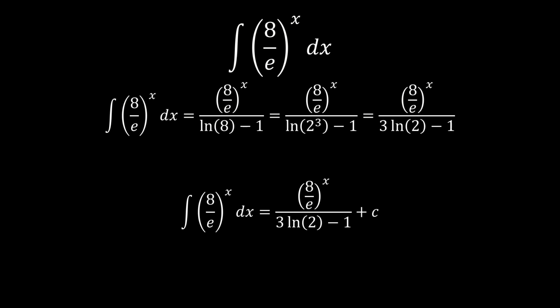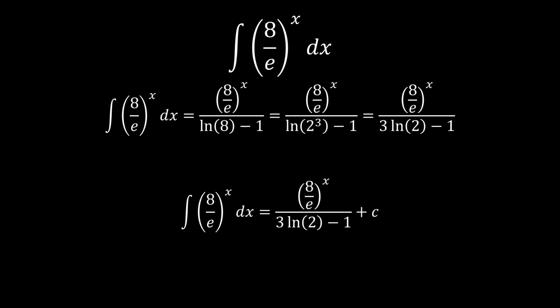If we wanted to, we can go further using the properties of logs. That natural log of 8, that's really 2 raised to the third power, which if all of that is in our argument, we can pull out that exponent 3 as a multiplying coefficient in front of the natural log. So the denominator, natural log of 8 minus 1, is the natural log of 2 cubed minus 1, or 3 times the natural log of 2 minus 1.